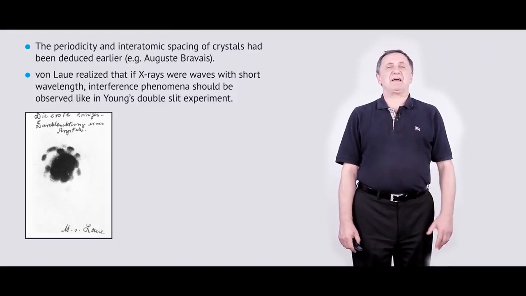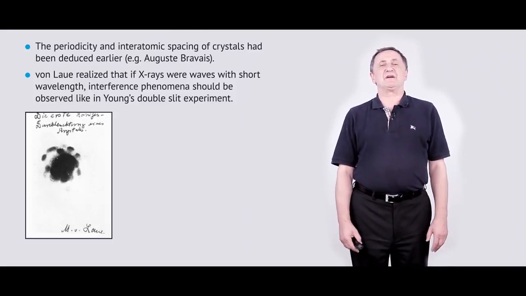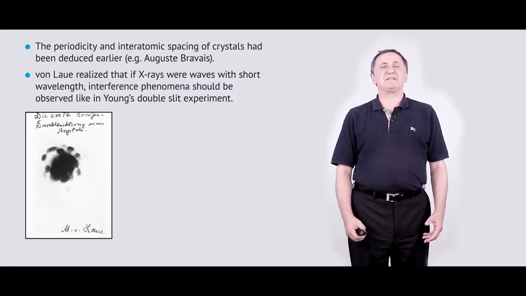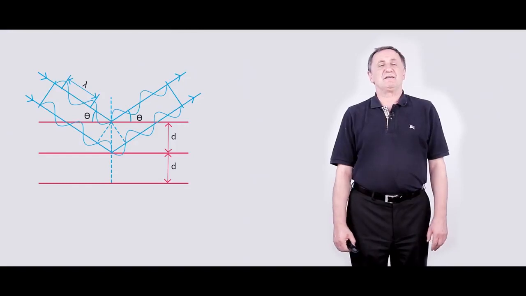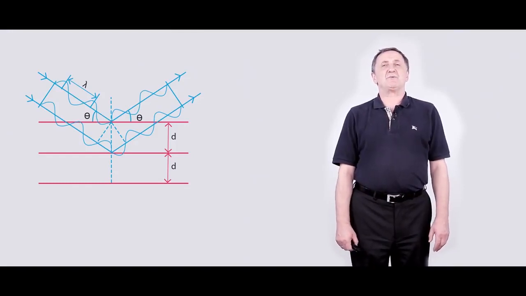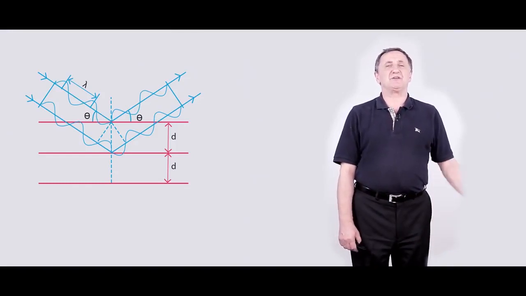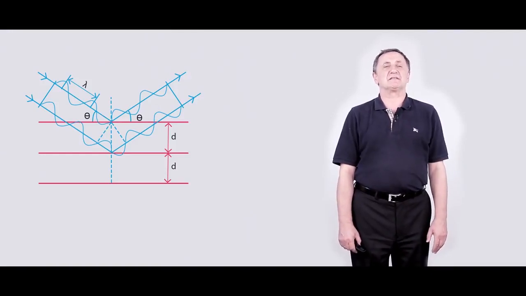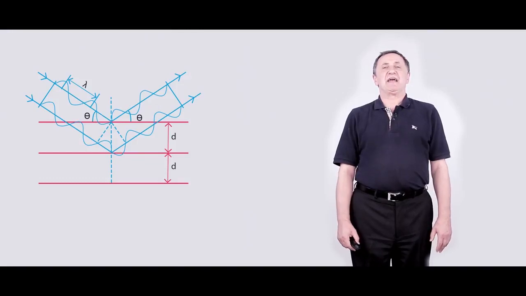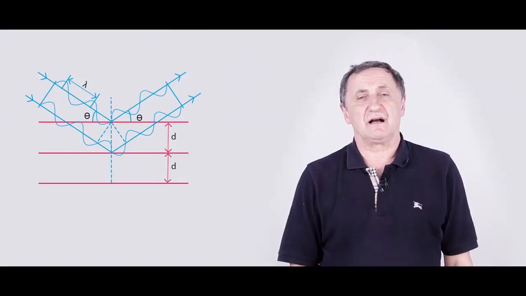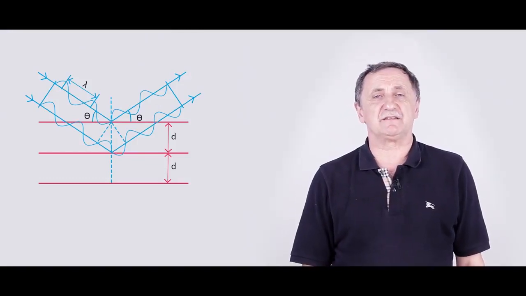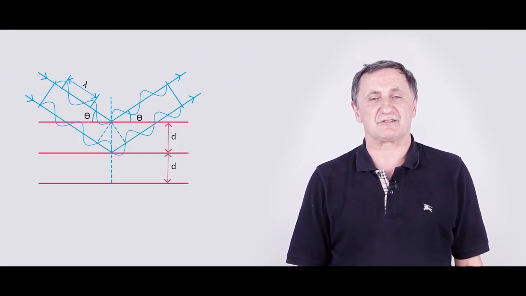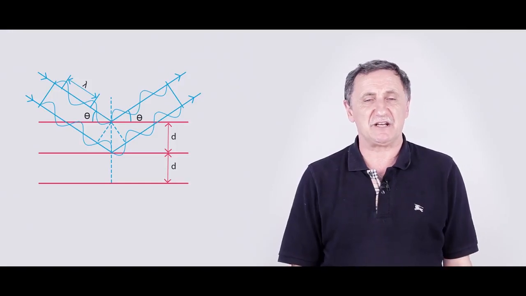Knowing that the wavelength of the X-ray is comparable with the distance between atoms in the crystal structure, Max von Laue suggested that you can use X-rays to repeat, in some sense, Young's double slit experiment, and to obtain the interference picture by passing the X-ray through the crystal structure of any kind of material.